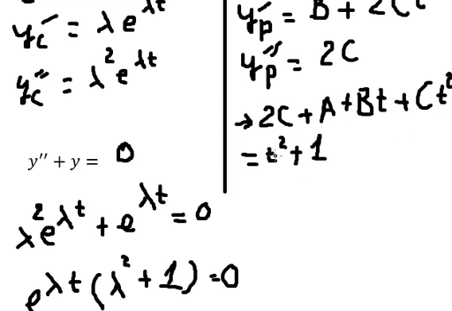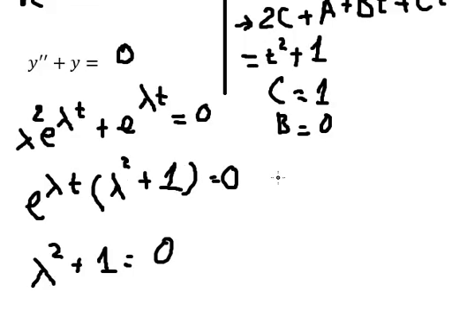We see that the coefficient of t squared is 1, so c equals 1. Next, we don't have t, so b equals 0. And we have 1, so we have 2c plus a equals 1. However, we have c equals 1.